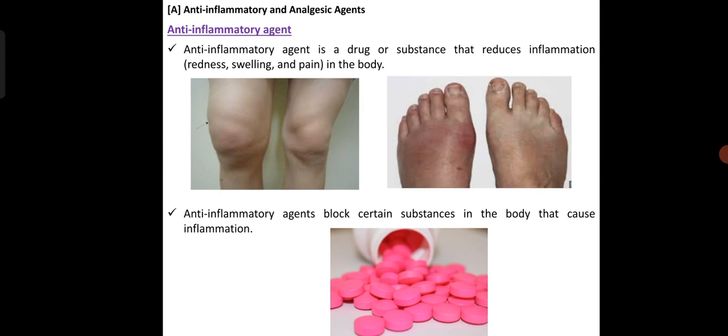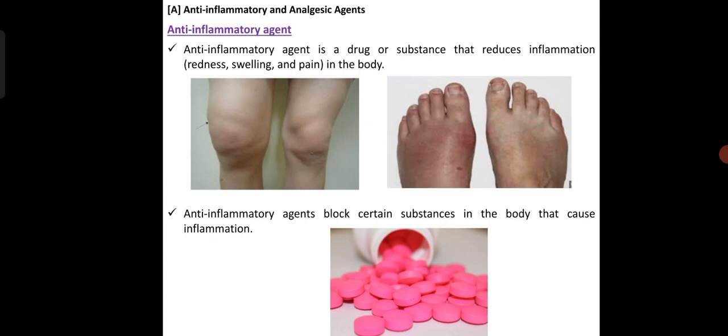Inflammation means redness, swelling and pain in the body. In this PPT, pictures are shown: in the first picture, swelling is there, and in the second picture, swelling with redness is there. Anti-inflammatory agents are drugs that reduce inflammation and give relief from pain.